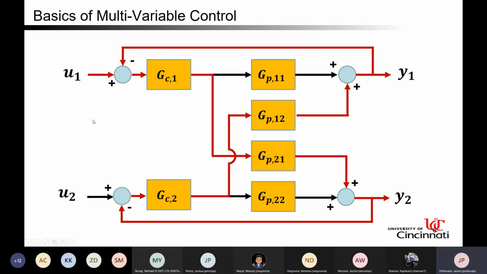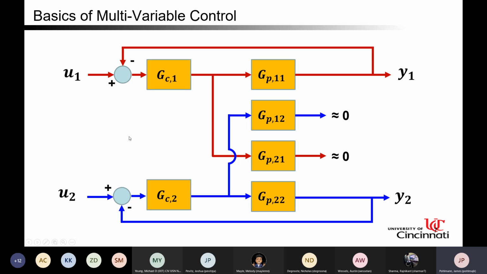However, additionally, there's this secondary control loop where input U1 goes through GC1 through GP21, where it's fed to the output Y2. That's fed back through the feedback to GC2 through GP12, and then eventually back to GC1. So when designing these controllers, careful considerations have to be taken for not only the primary loop, but also the secondary loop as well.